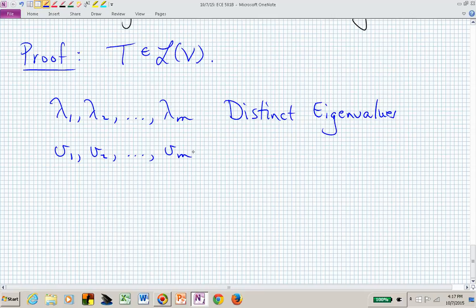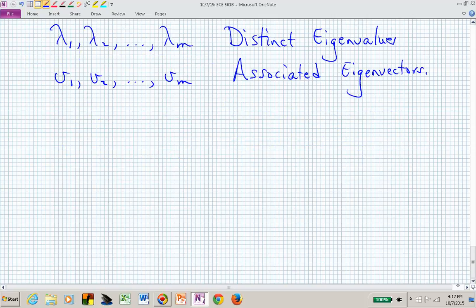If that's the case, then let's just associate some eigenvectors with respect to those eigenvalues, and these are then the associated eigenvectors. Lambda 1 is associated with v1. v1 is a vector, and it could be a vector that has n coordinates.